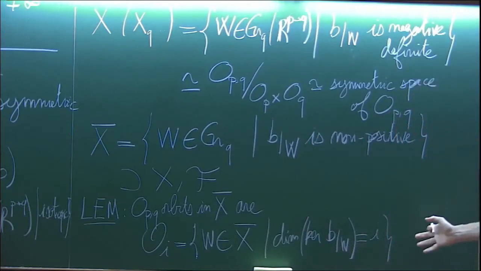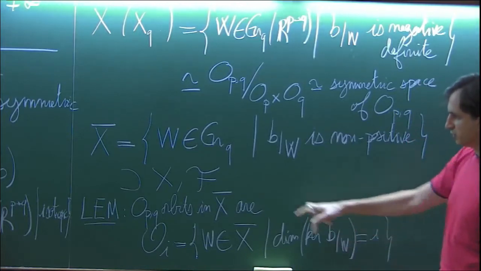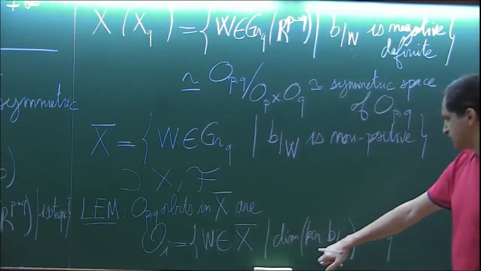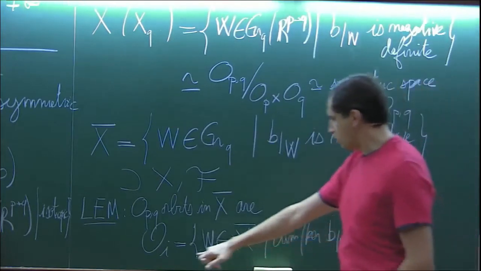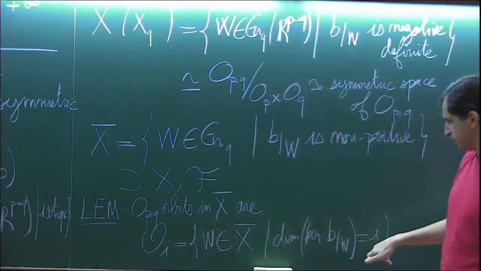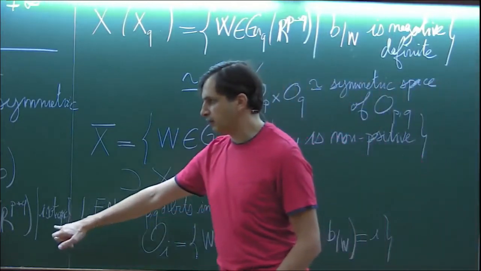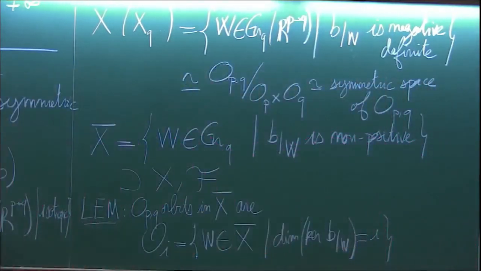And basically a consequence of Witt's theorem is that those are homogeneous under the action of O(P,Q). So O_0 means that this kernel is trivial, so O_0 is X, and O_Q means that this kernel is everything in W. So it means that W is isotropic and O_Q is the orbit F. Okay. So I think this is as far as I need.